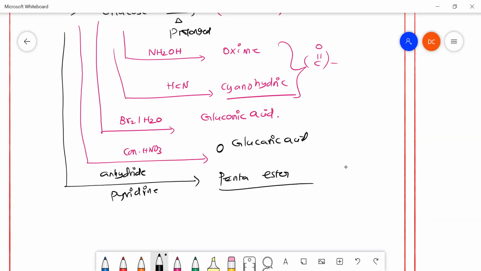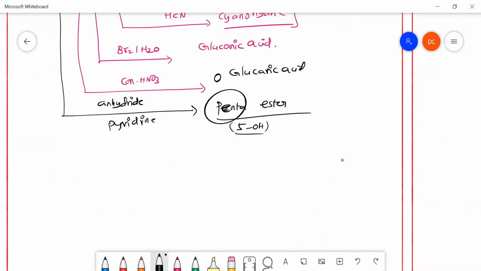That pentaester confirms that 5 OH groups are there, because when an acid anhydride reacts with an alcohol containing OH groups, it forms an ester. If a pentaester is formed, it means 5 OH groups are there, and all the 5 OH groups are attached to different carbons also, we confirm.